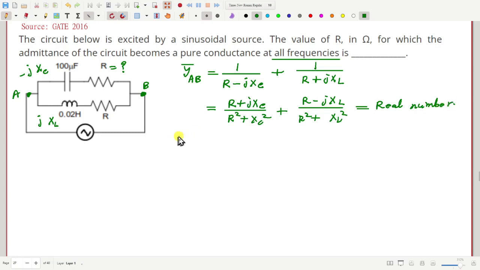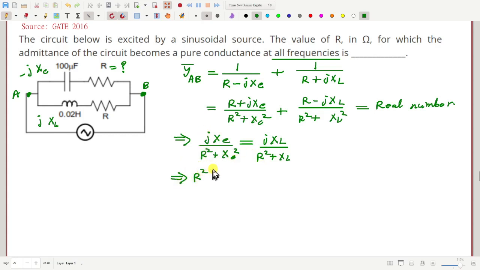pure conductance. So that means the imaginary part, which is this, should be equal to 0. So that means actually these two terms are equal, right? From this let us simplify. What will we get if we cross multiply?